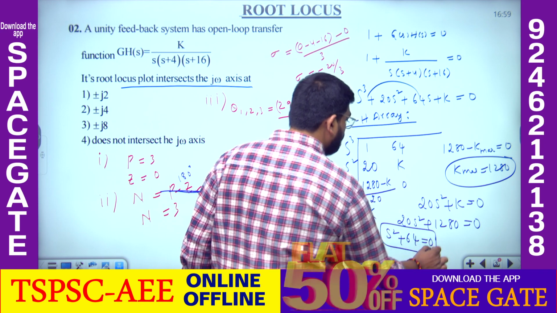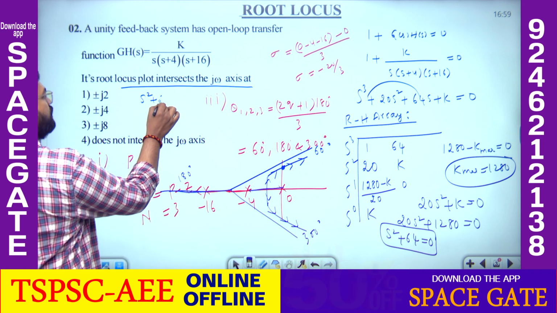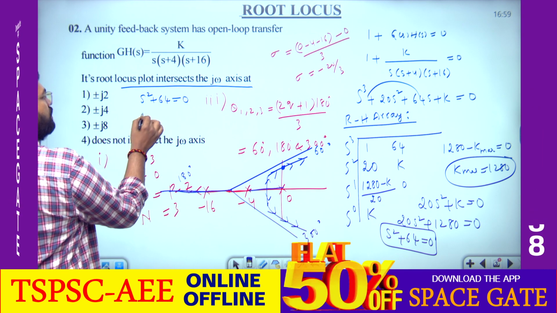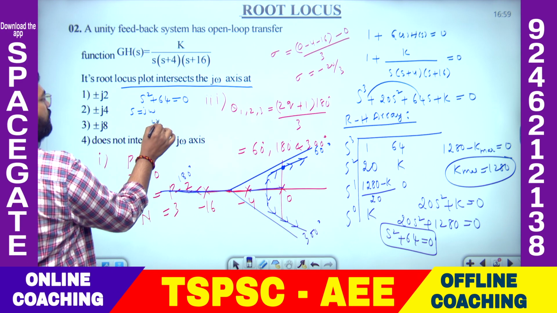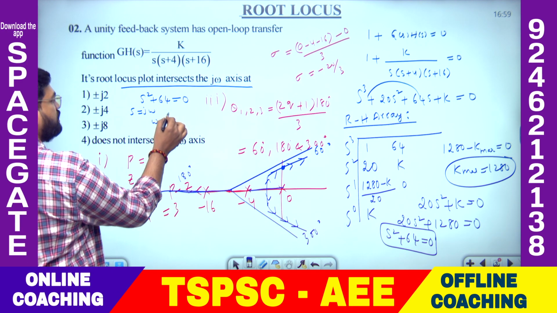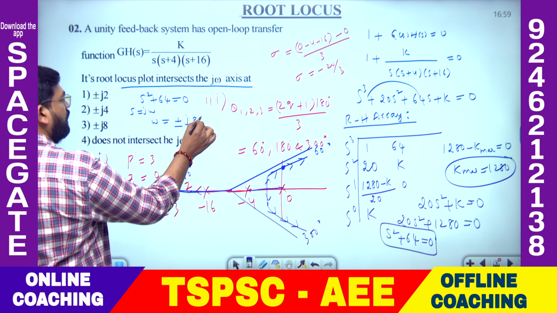This is our auxiliary equation. What we are saying? S square plus 64 is equal to 0. From here substitute s is equal to j omega. So here omega is equal to root 64, that is plus or minus j 8.